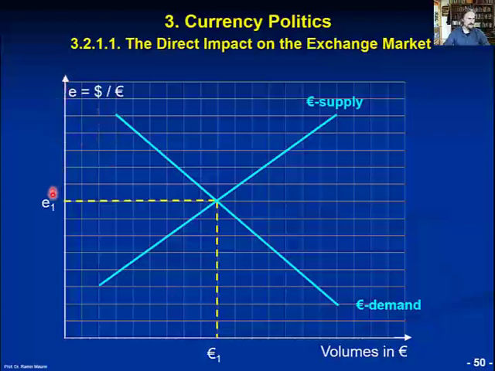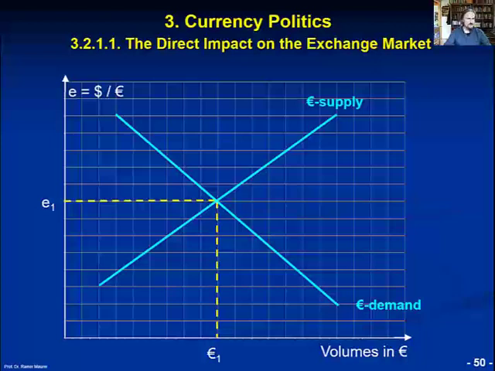Here we measure the exchange rate, the amount of dollars that have to be paid for 1 euro, and here we measure the trade volume. This is the supply curve and this is the demand curve. You've already derived these curves and discussed their slope.